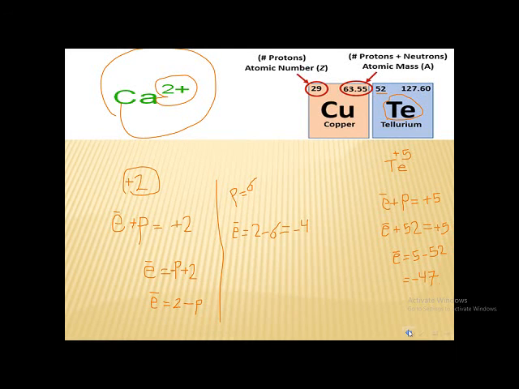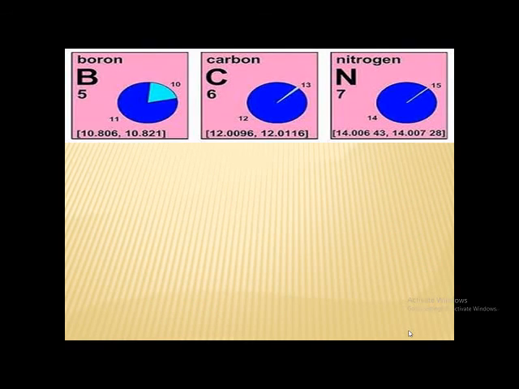Okay, this is another example. You can see we have different numbers. This is the atomic number, and this represents the mass number. This is the mass number, this is the atomic number, because this is a large number and this is a small number.